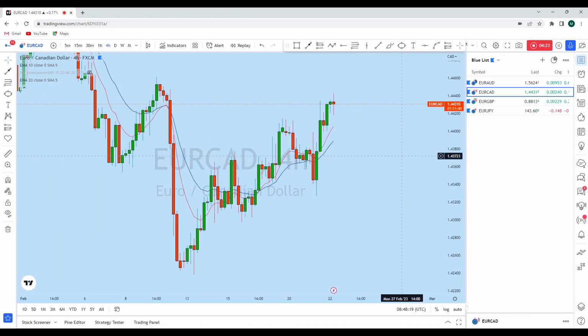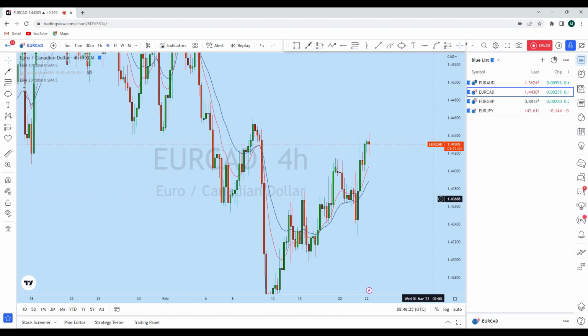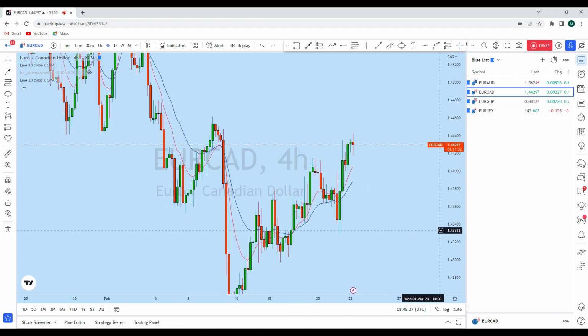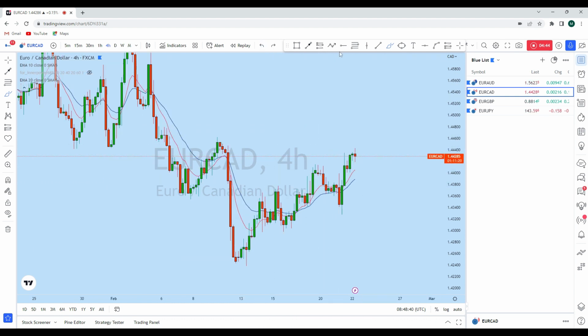Looking at EURCAD, which is a little weaker in comparison with the other euro pairs, this market is also preparing for a bullish move. There is a strong liquidity gap with this bullish engulfer, followed by quite a few sessions of strong bullish move, giving EURCAD potential momentum.